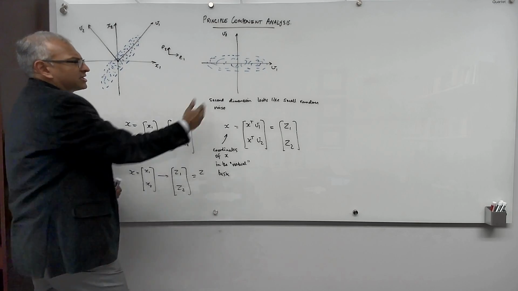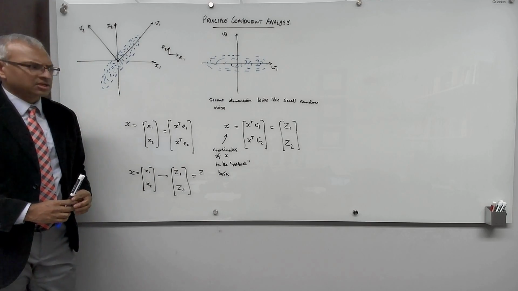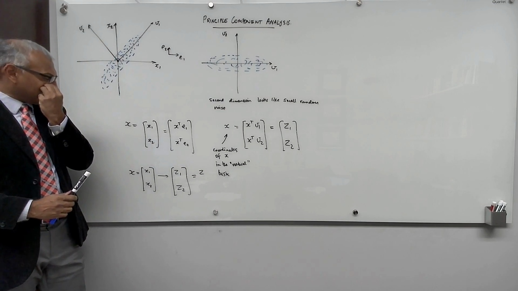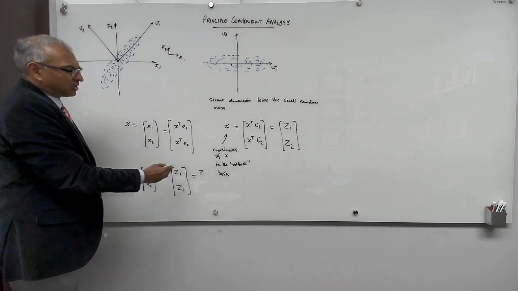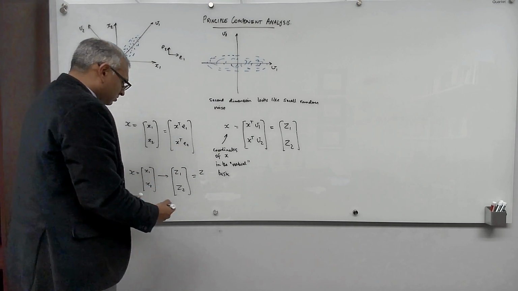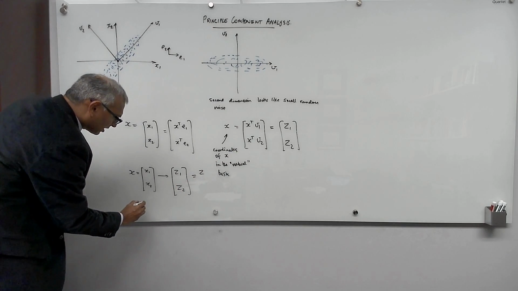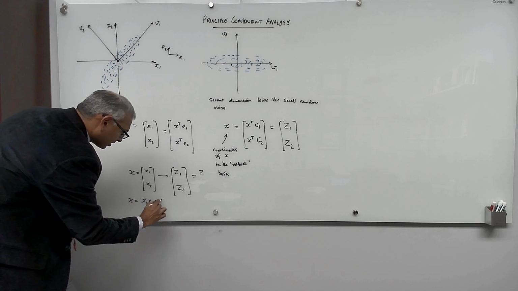Now, as long as this basis V1, V2 is an orthogonal basis, there's no information lost here. It's basically a rotation of the data. As long as you store the rotation, as long as you store V1, V2, you can recover x. So you can write x equal to x1 e1 plus x2 e2.